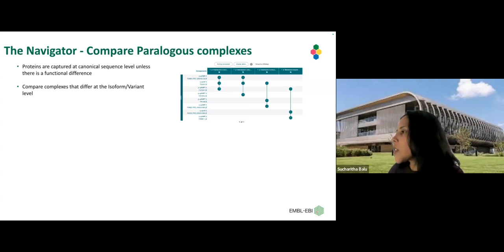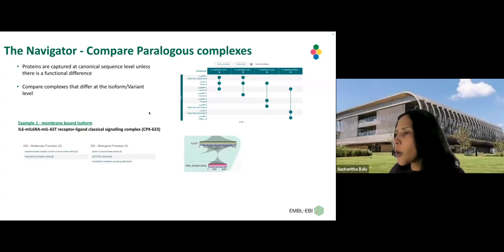Here I've done a search for interleukin-6 complexes, and I've put a human filter on it, but it's returned 4 different complexes. Why have we got 4 different complexes?